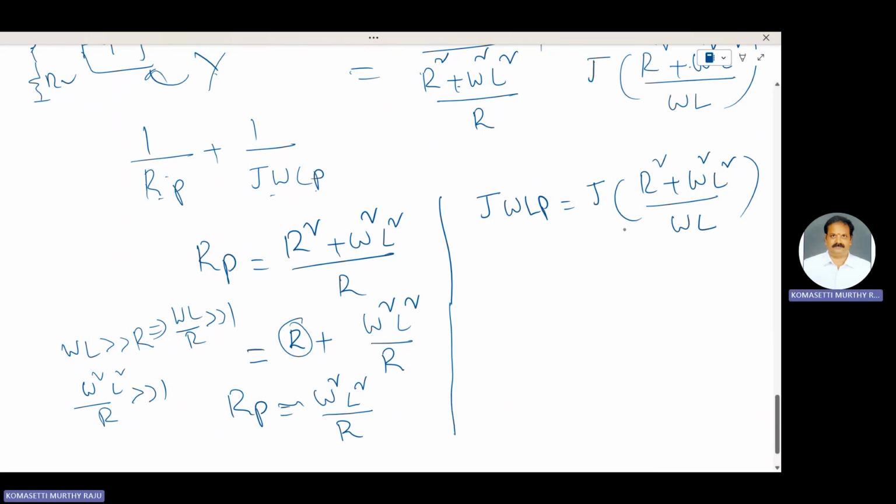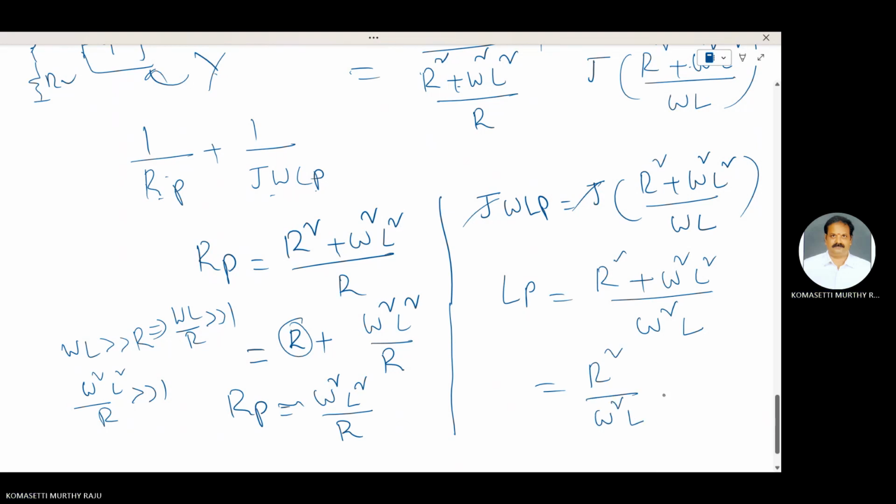Here j omega LP, j cancels. LP is equal to R square plus omega square L square by omega square L. Omega square cancels.